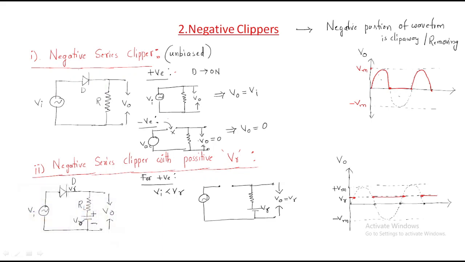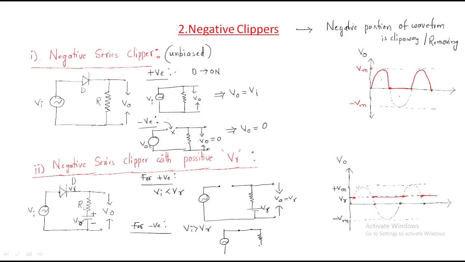Next, for the negative half cycle, if the input voltage is more than VR, what happens? Then the diode is forward biased, which means it acts as a short circuit.